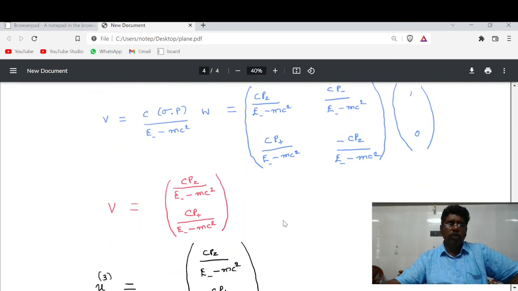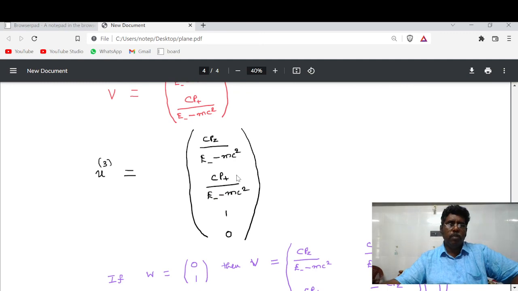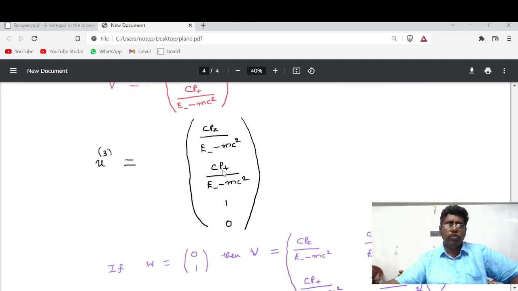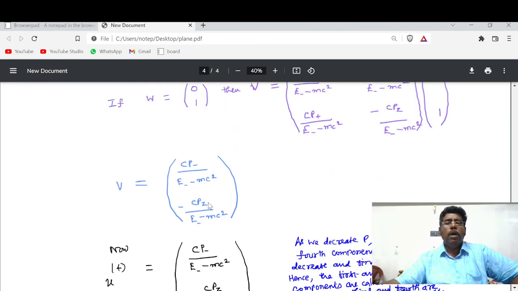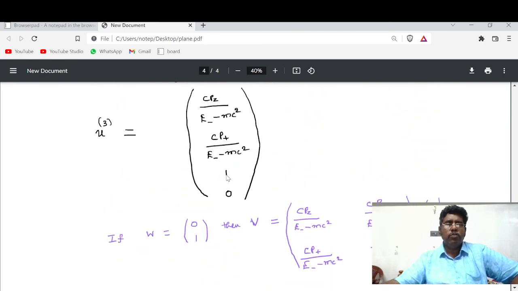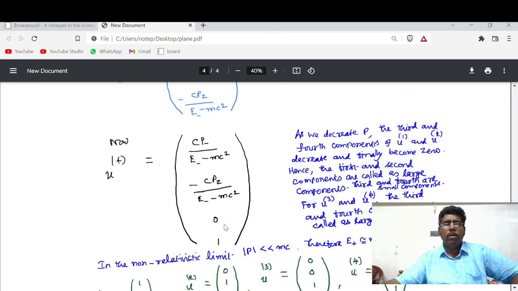Whereas for U3 and U4, the first two components are called smaller components, and the last two terms, (1, 0) and (0, 1), are called large components, because as we decrease P, the third and fourth components of U1 and U2 decrease and finally become 0. Hence the first and second components are called large components, and the third and fourth are small components. In the same way, for U3 and U4, the third and fourth components are called large components.